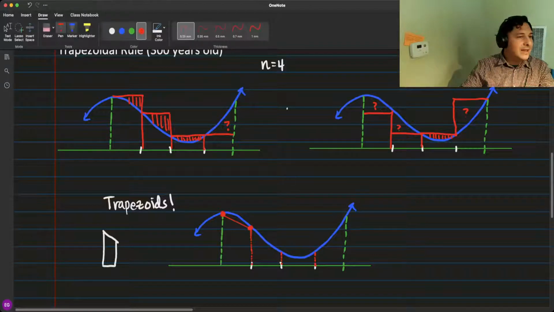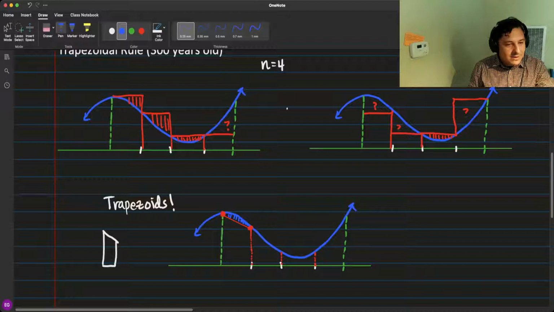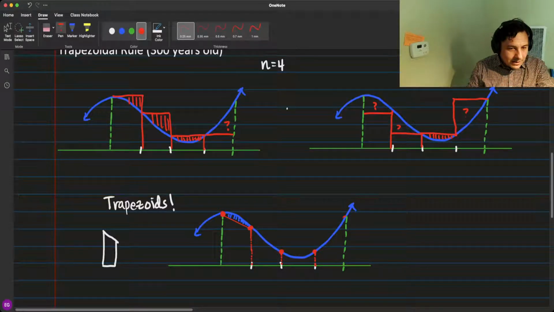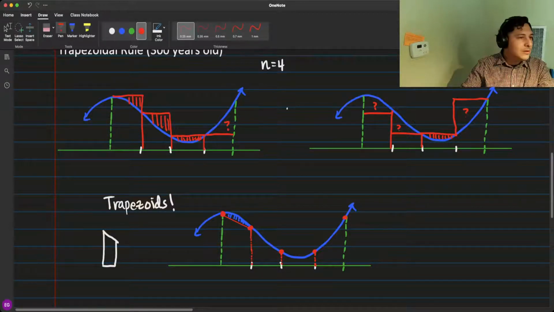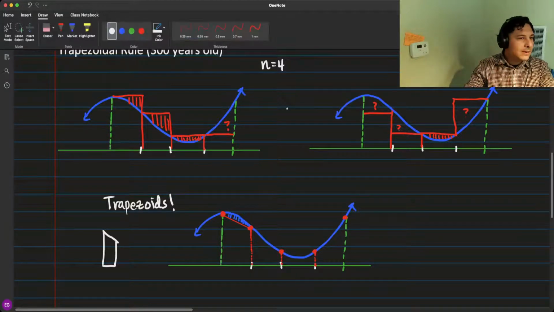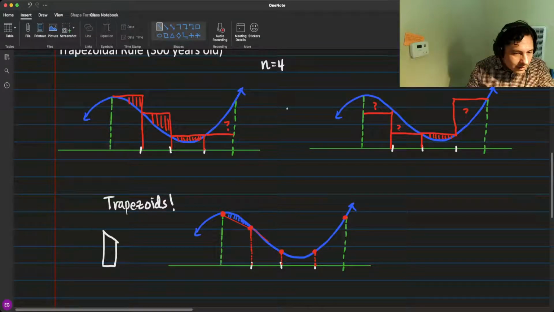And actually, now that you look at this, how good is the estimate? It's not that bad. It's missing a little right here, right? Does everyone see how it's a little too small? But it's not missing much. And then you go to the next one, and you draw the top of the trapezoid like so. And actually, look, it follows the function pretty well.